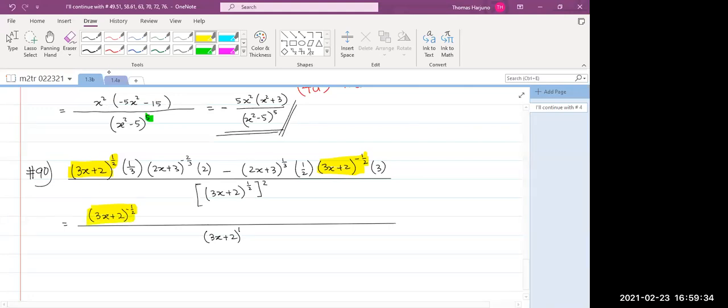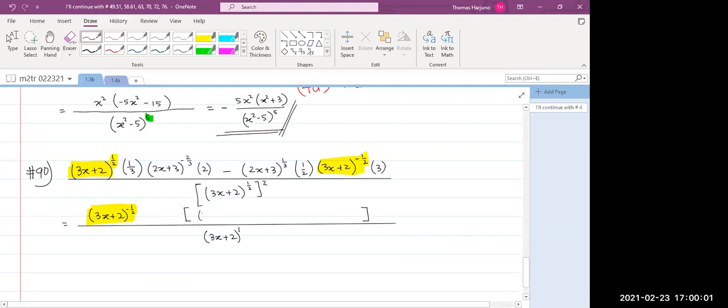So what's left from the first term? Negative 1? Huh? No. Is it? Oh my God. Negative 1/2 plus what equals 1/2? Oh, 1. 1, that's right, 1. Which we usually don't write, right?